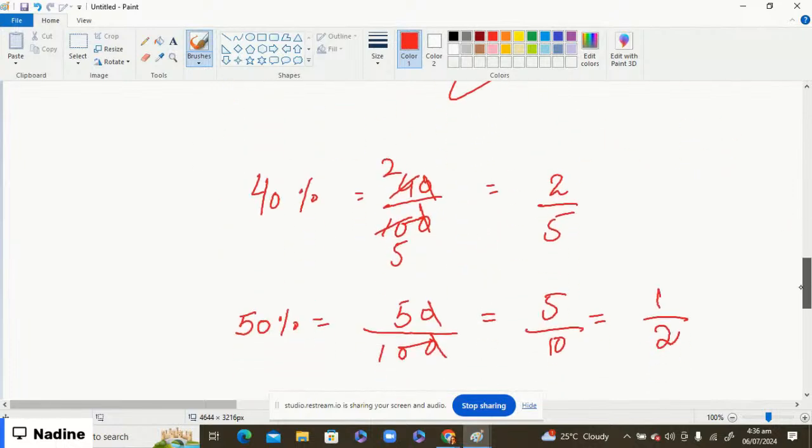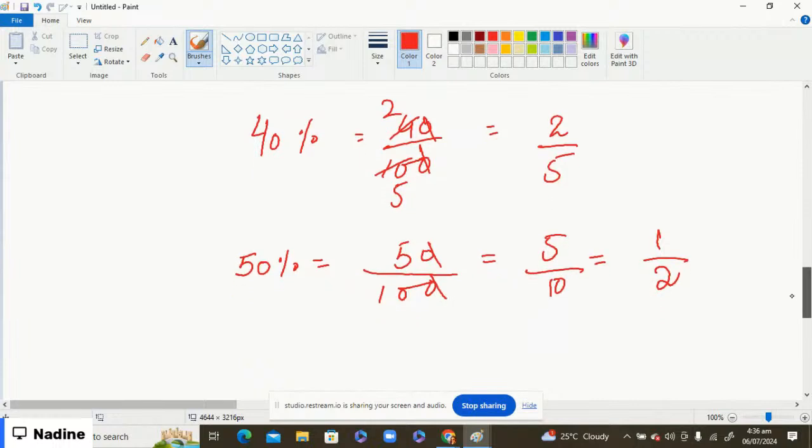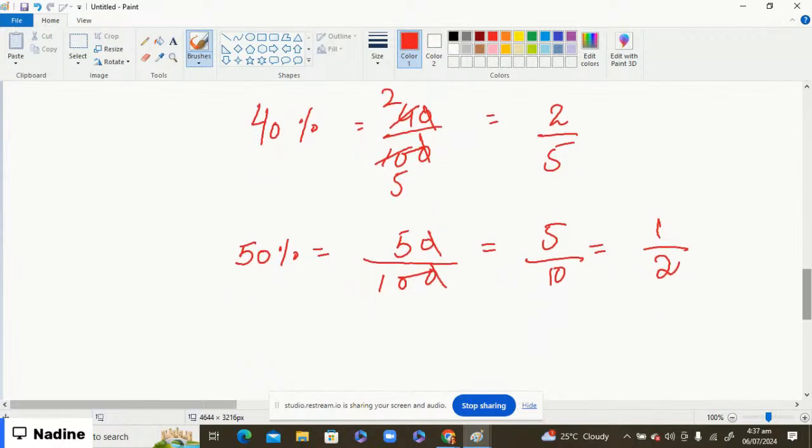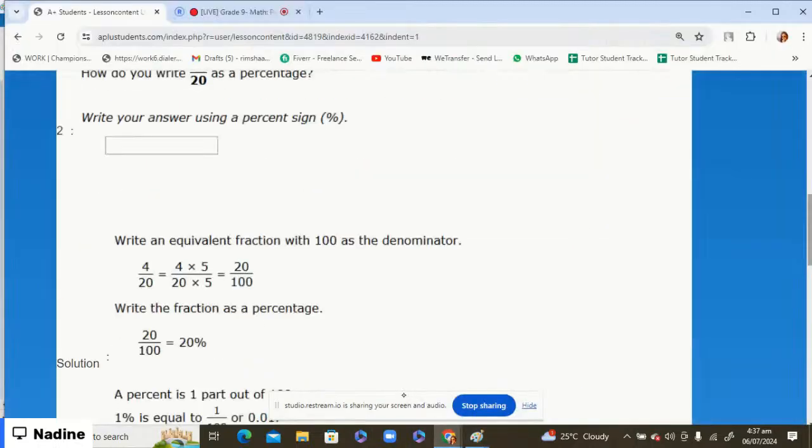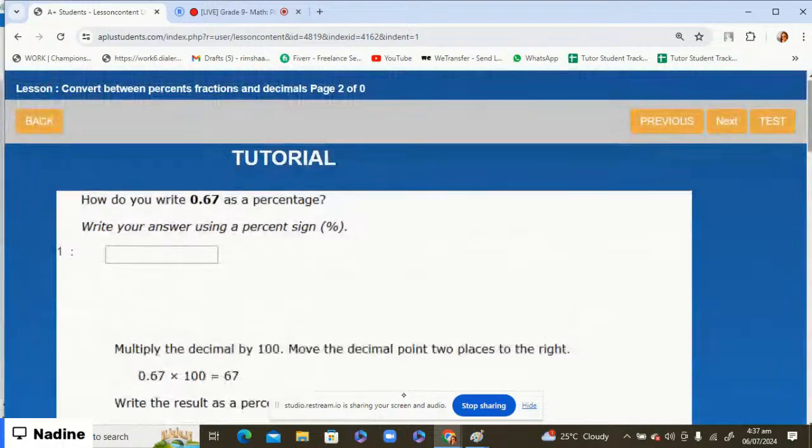And if something is in the form of a percentage and they ask you to convert it into the simplest form, first of all we write 40% as 40 divided by 100, and then solve it. These are basically how we convert fractions, decimals and percentages.